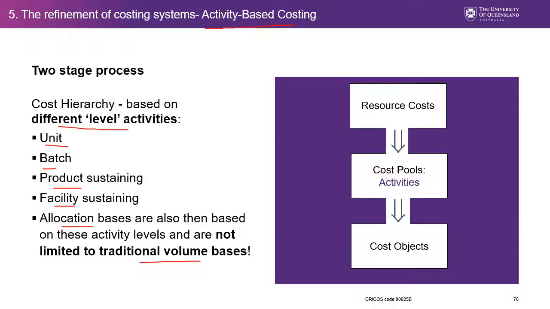Previously we've talked about using the number of units, direct labour hours or machine hours. They're volume bases. In activity-based costing, there's a cost hierarchy, and these allocation bases at the different levels of the hierarchy are based on activity levels and not on traditional volume bases.